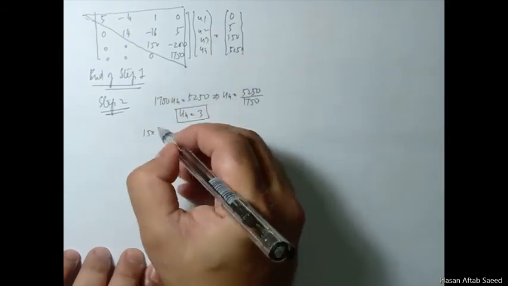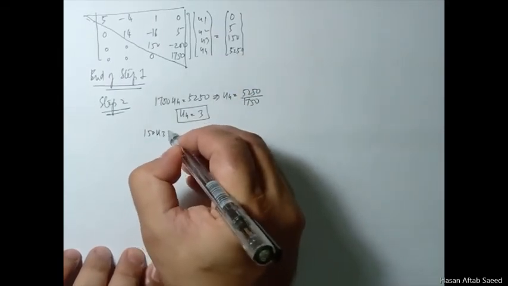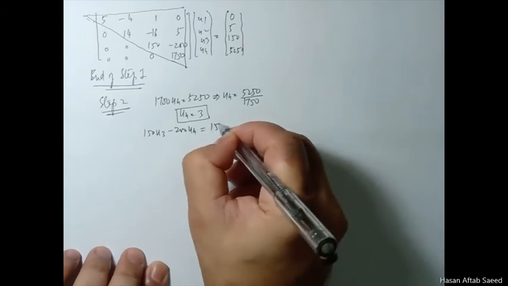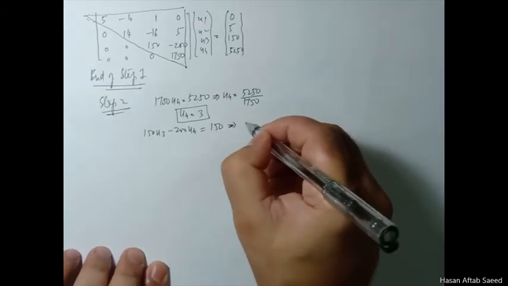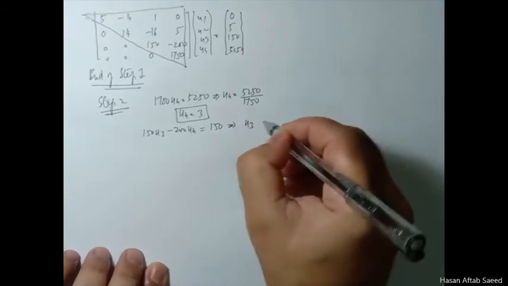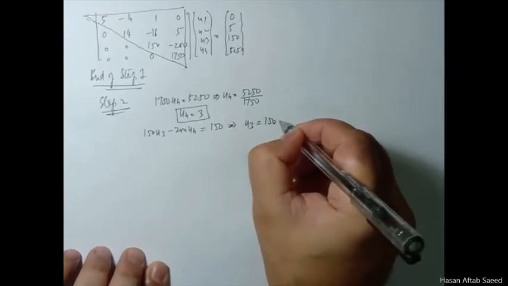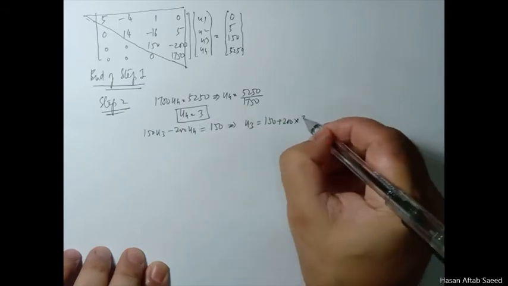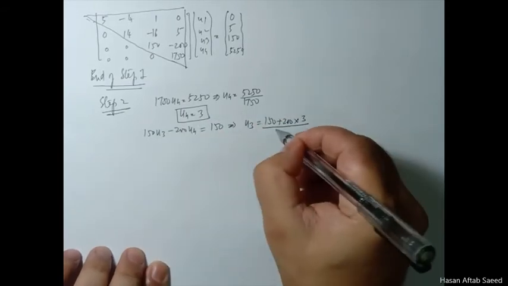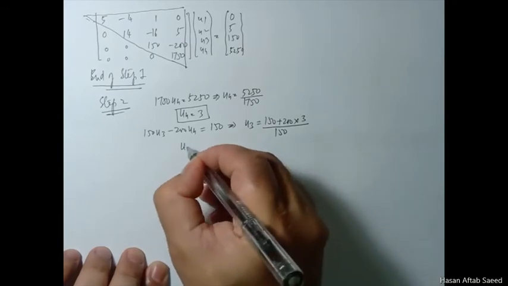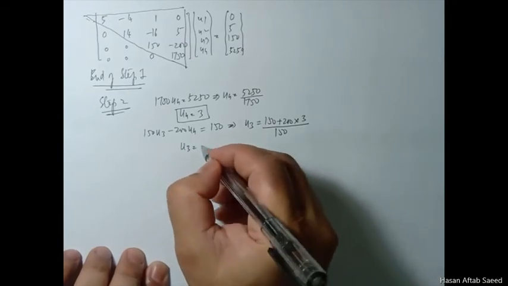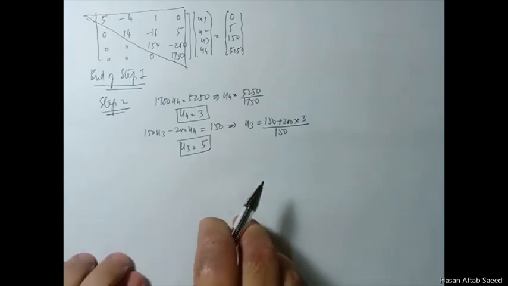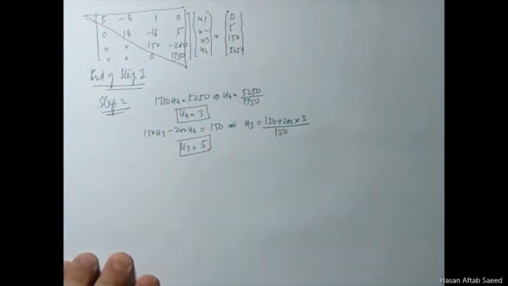We need not worry about that. 150 u3 minus 200 u4 is equal to 150, which implies that u3 is what we need to find out. 150 plus 200 into u4, which we now know. The last step we calculated this, divided by 150, and u3 is 5.